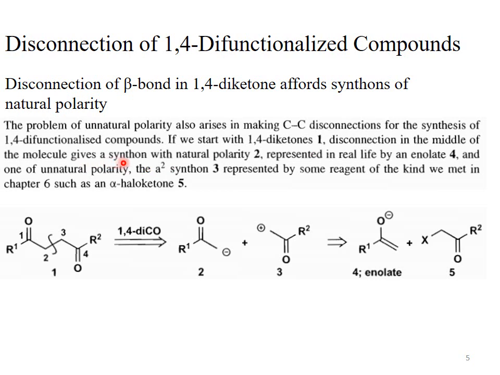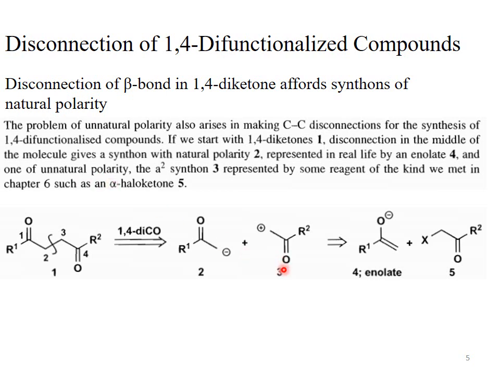if we start with the 1,4-diketone, that is compound number 1, disconnection in the middle of the molecule gives a synthon with natural polarity, synthon 2. See this one, this is synthon 2. This is the synthon of natural polarity, and the source of this synthon is enolate 4.